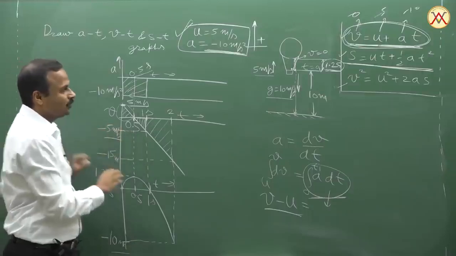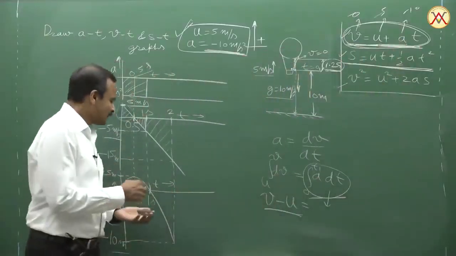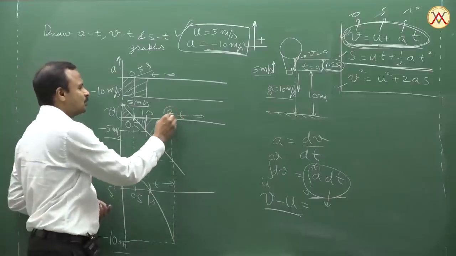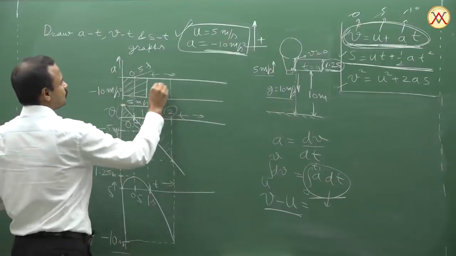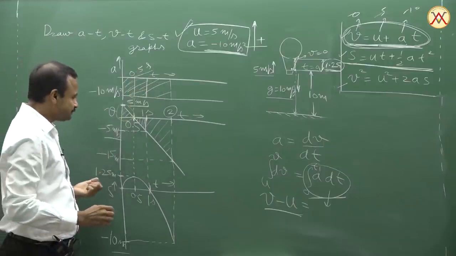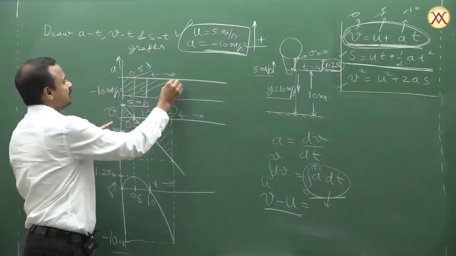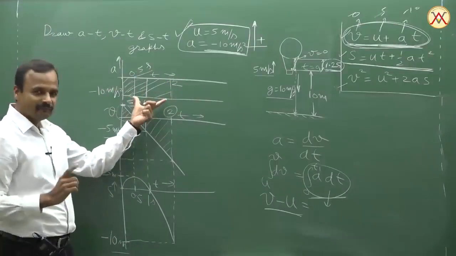You can see it in this graph, or you can calculate from the equation v is equal to u plus at. And at t equal to 2 seconds, when it hits the ground, this total area is how much? It becomes 20.